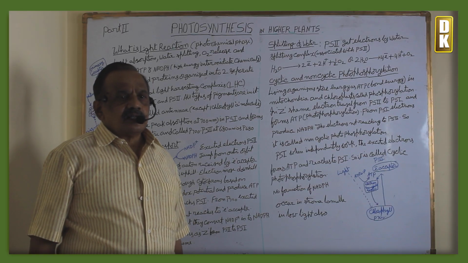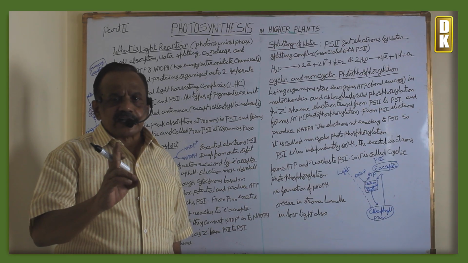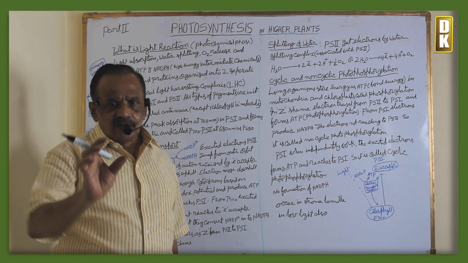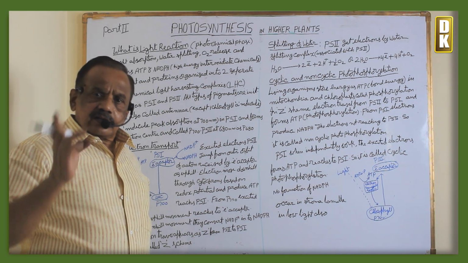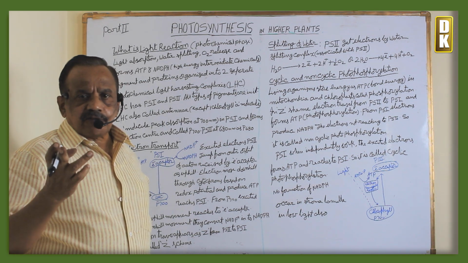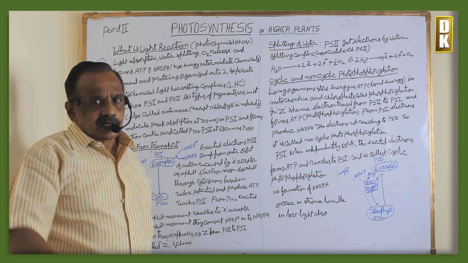Photosystem 1 was the first discovered, but functionally photosystem 2 works first when they work combinedly. Remember it, this is an important point. First photosystem 2 will work, then photosystem 1 will function. The textbook also gives this clearly.